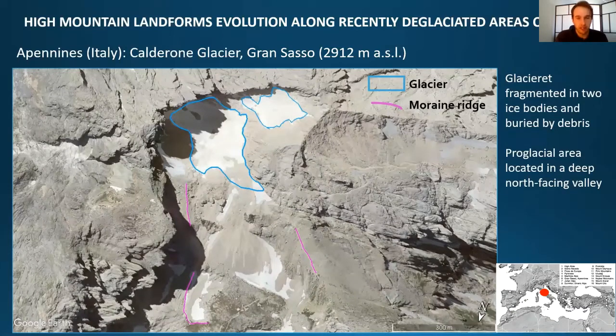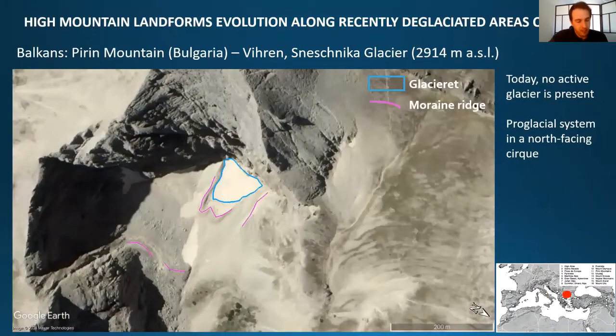It's a very important glacial system characterized by a very intense instability due to climatic, topographic, and hydrological conditions. The glacial area is located in a deep north-facing valley. That is the case of almost all the glacial areas in Mediterranean areas.